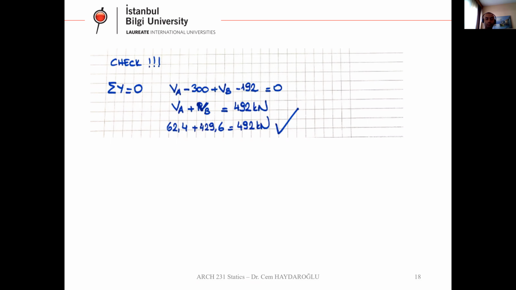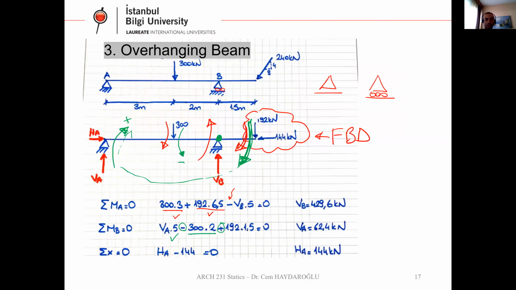Total Y. So in the sketch, let's have a look. In the Y direction, we have vertical A, this one, vertical B, and this. We have 4 forces.